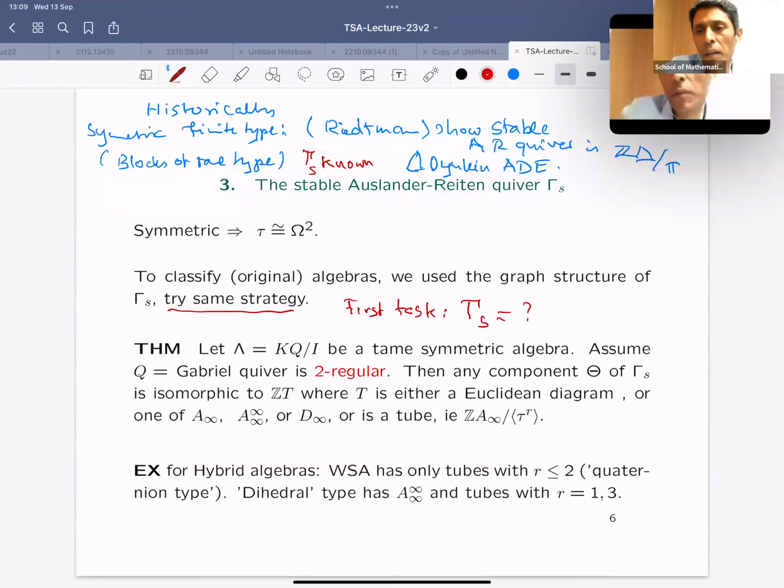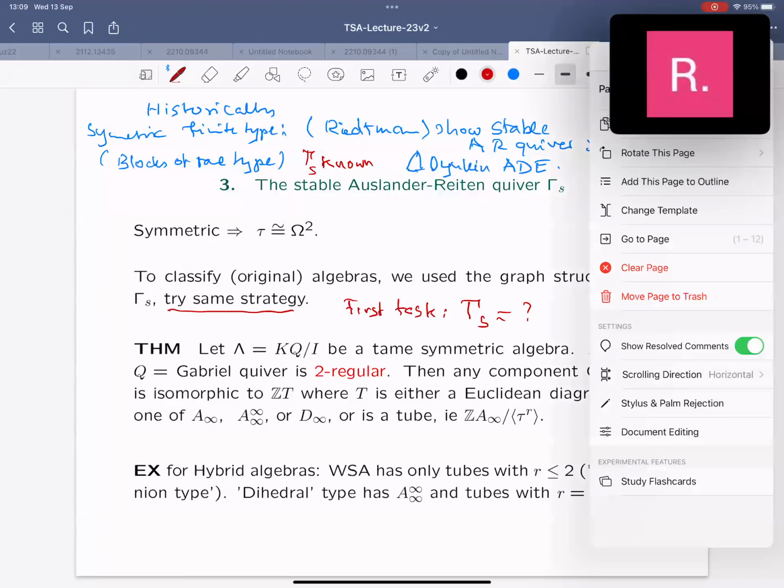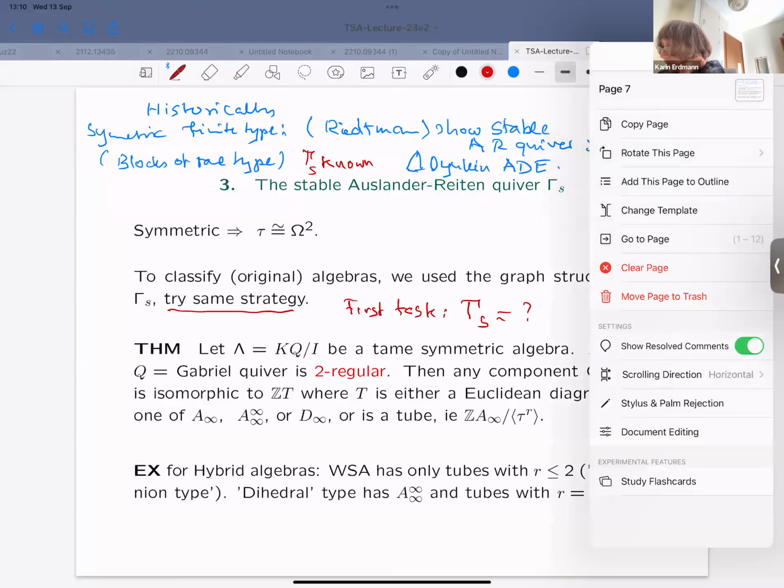If you remind me of the definition, I think. Just reminding the definition, yeah, right. So yeah, okay, what can I do? I can add a page here, right? Okay, I know how to do that. Oh, this was not the right one. Ah, yes, okay.